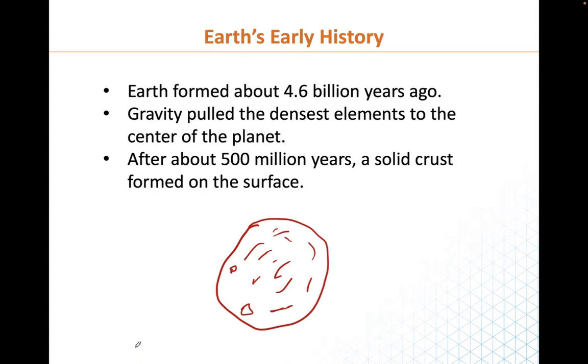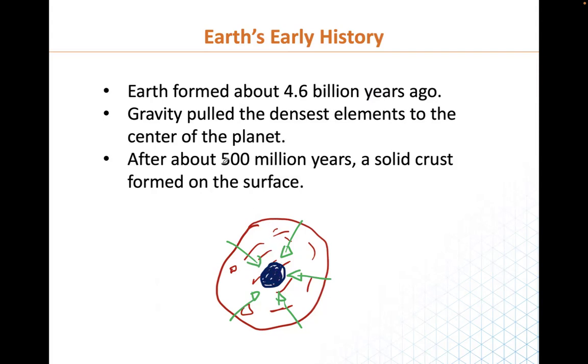The force of gravity would pull things to the center. The denser particles will be pulled to the center. So then this actually formed the dark part of the earth, which is called the core, the center.